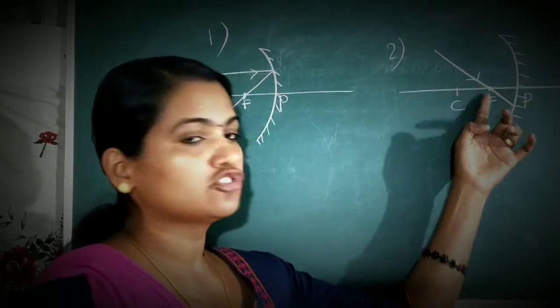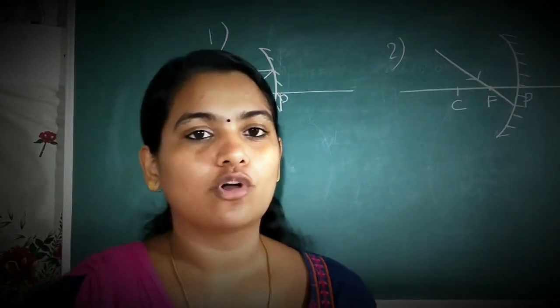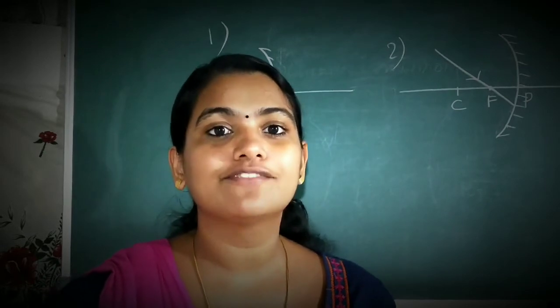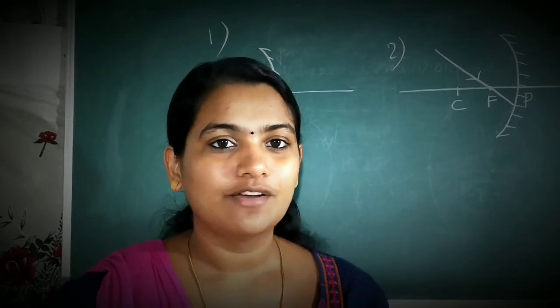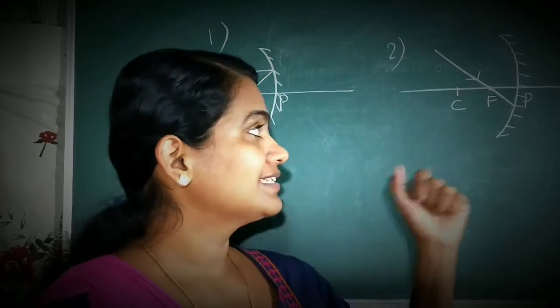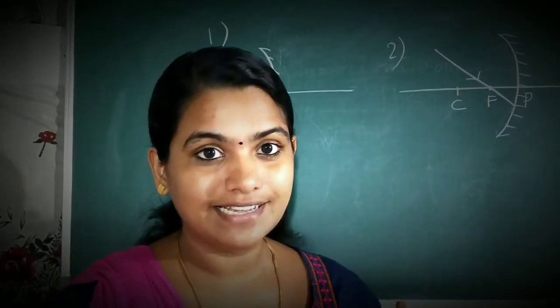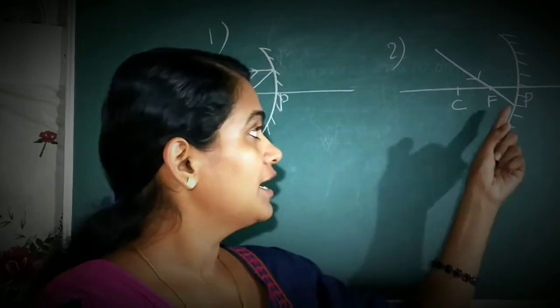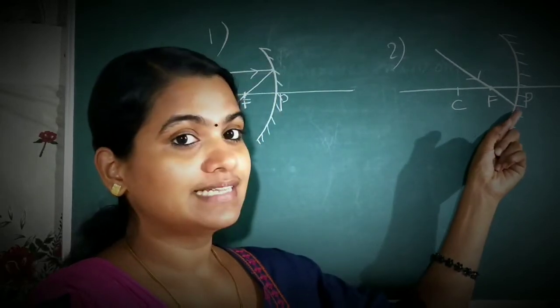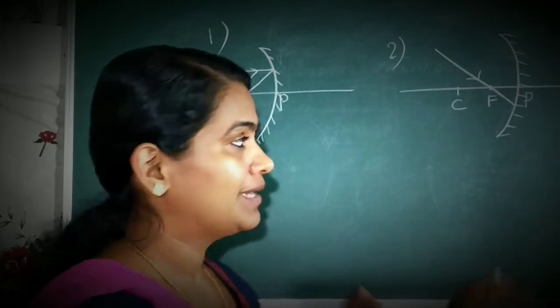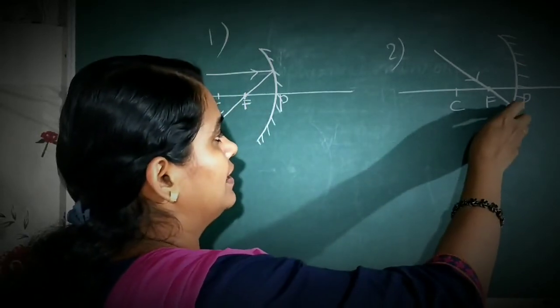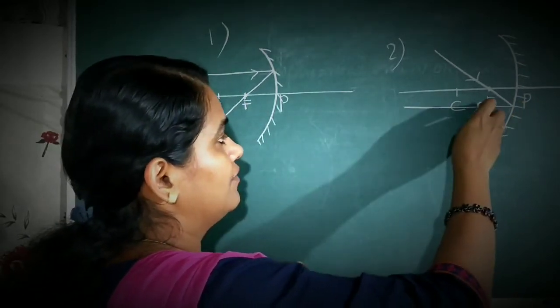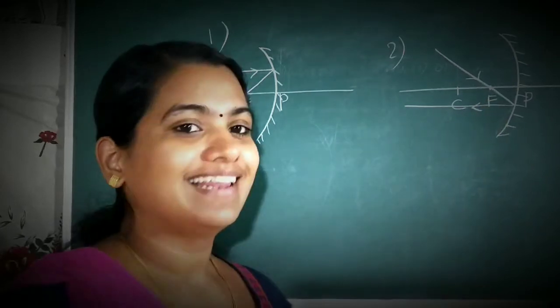How will it get reflected? In this case the light ray will get reflected and emerge parallel to the principal axis like this.